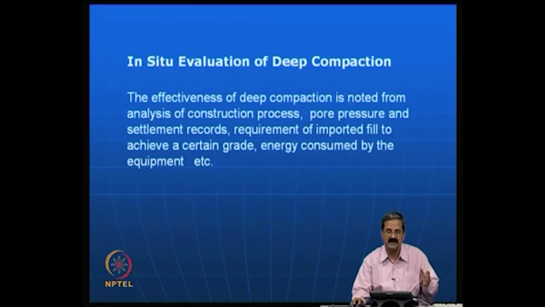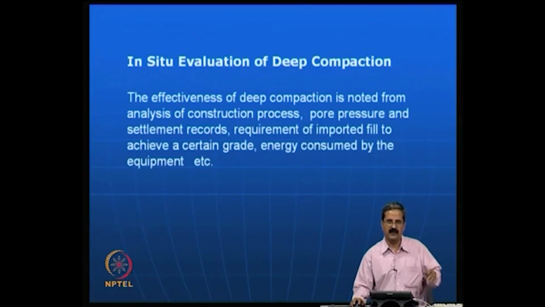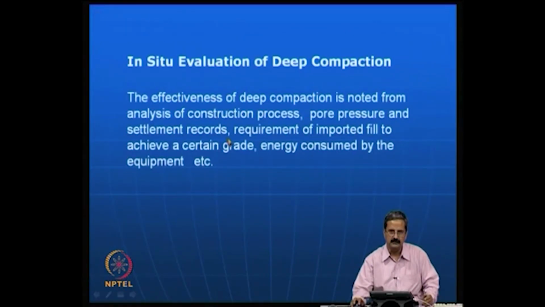Also, if there is a problem of noise because of the deep compaction, you can even go for smaller heights and closer spacing. One can always work out processes wherein you can still get the effective improvement.